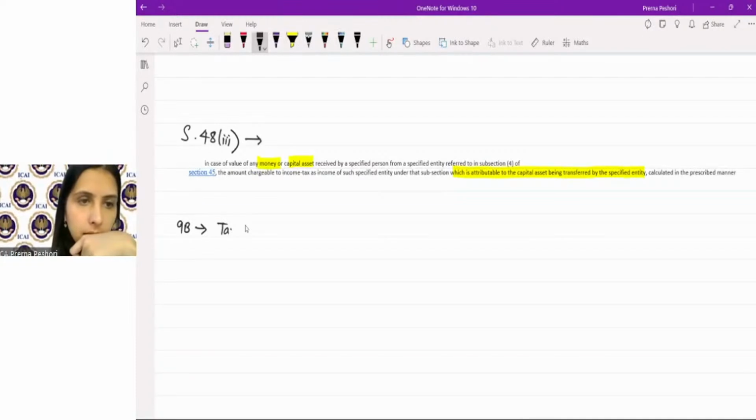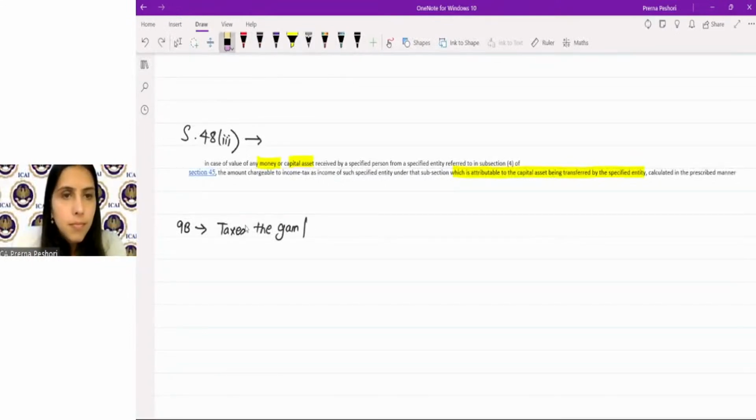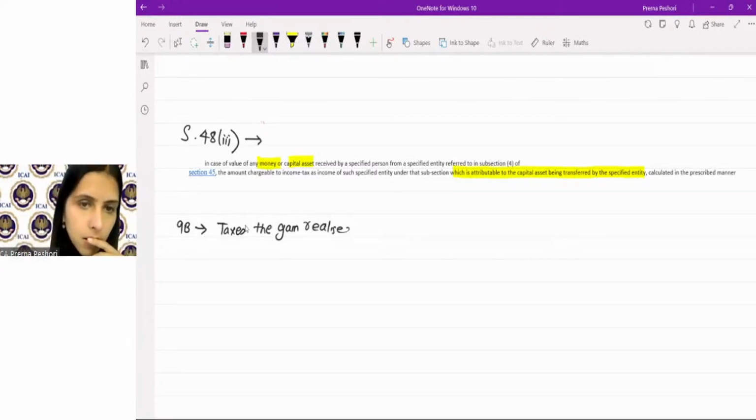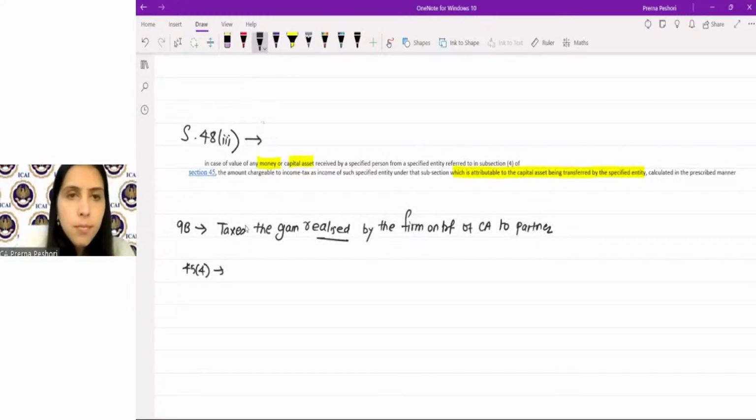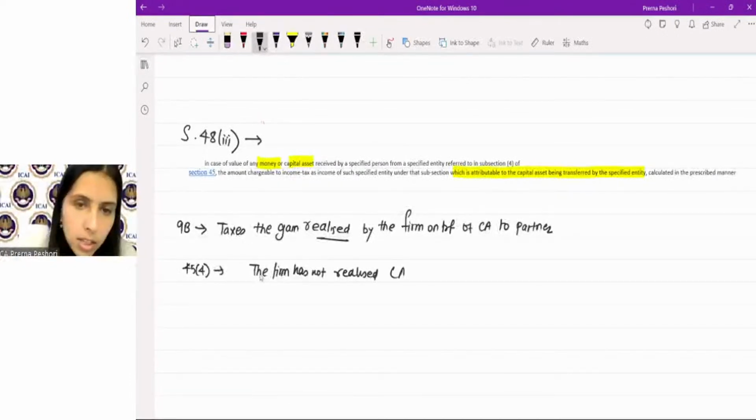9B taxes the gain realized by the firm on transfer of capital asset to partner. 45.4, the firm has not realized the gain on the capital asset revalued, right?